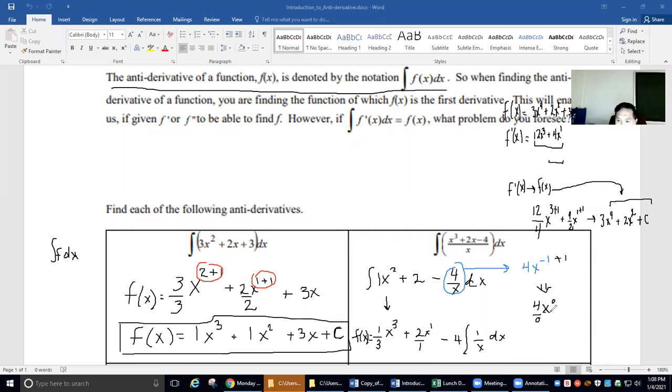Because that's what we did over here every single time. Well, this is going to end up with something called obviously undefined because that doesn't make any sense. And if I were just to look at x to the 0 power, x to the 0 power will become 1, right? Because anything raised to the 0 power is unity.